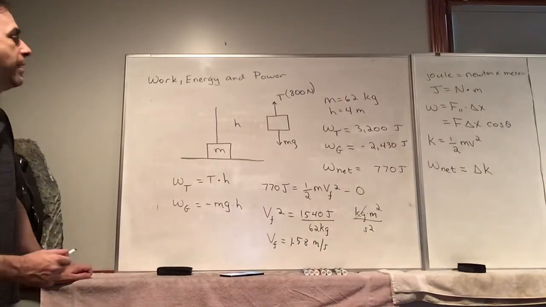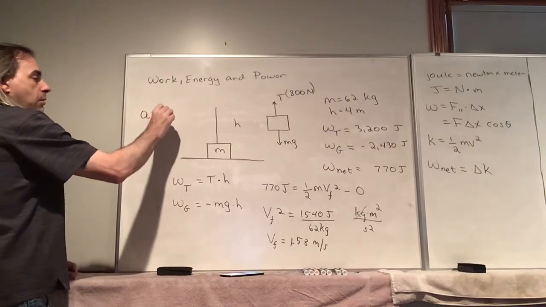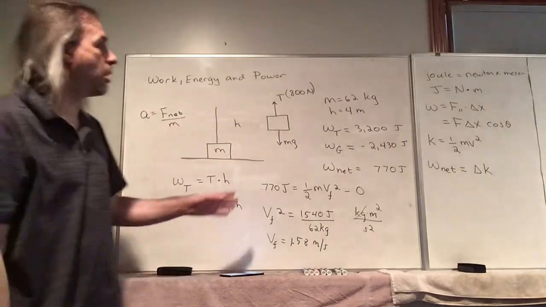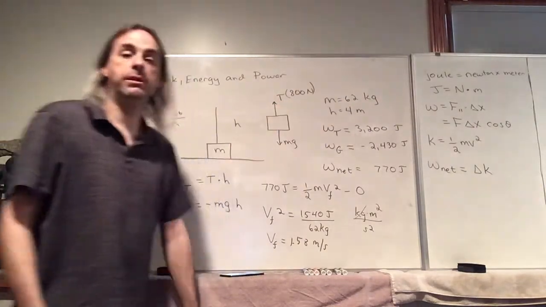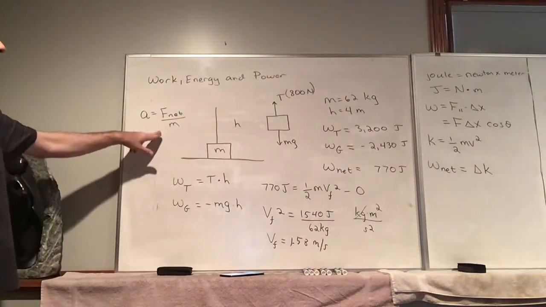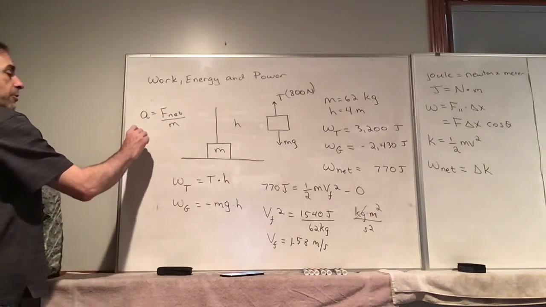Another way to calculate that would be to find the acceleration, which would be the net force divided by the mass. So the net force would be 800 minus mg, 62 times 9.8. We could find the net force, divide by the mass to get the acceleration, and then use this equation.